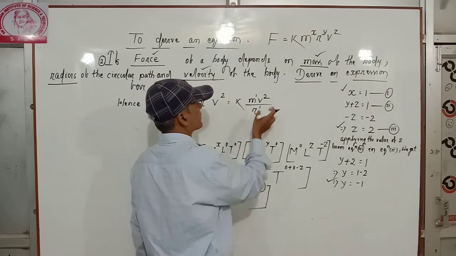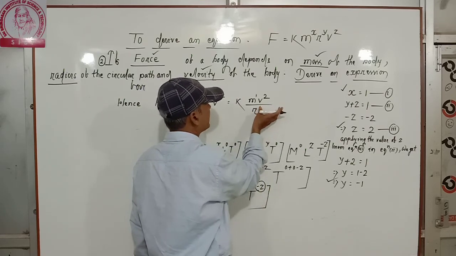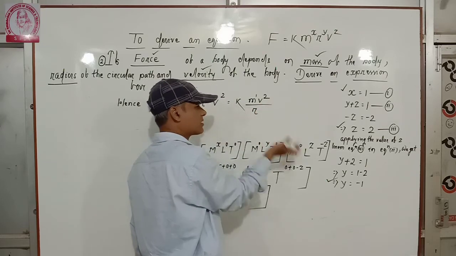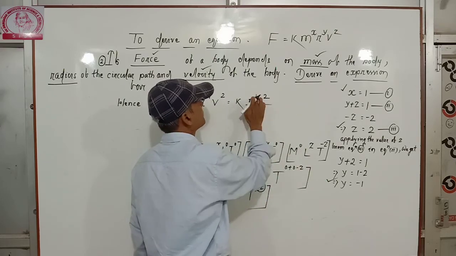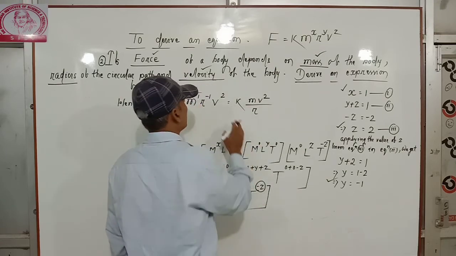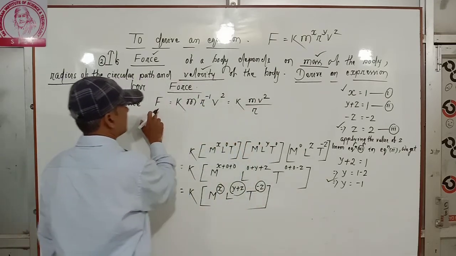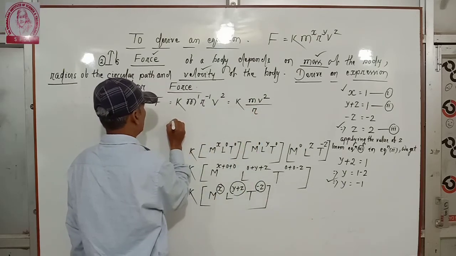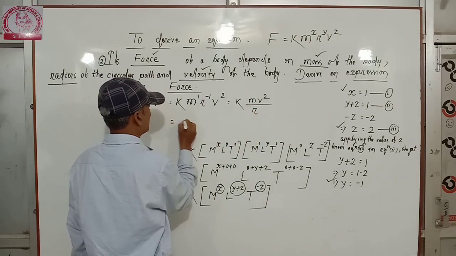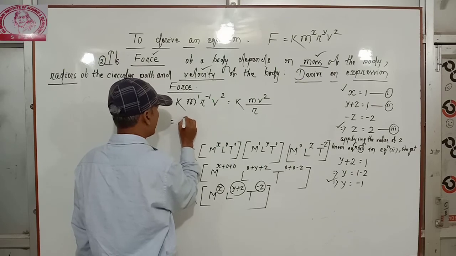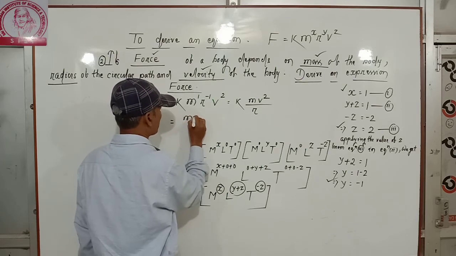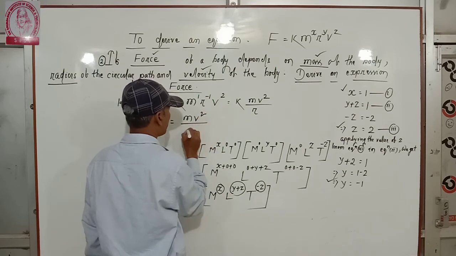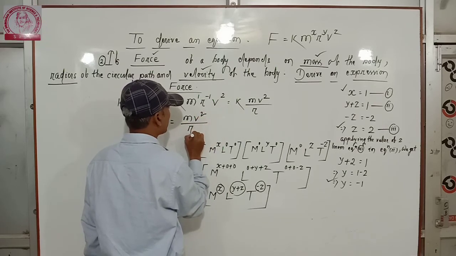Generally we won't write r to the power 1, so it is simply r means r to the power 1, m means m to the power 1. Okay, now the equation came out, F is equal to k m v square by r is equal to simply m v square by r.